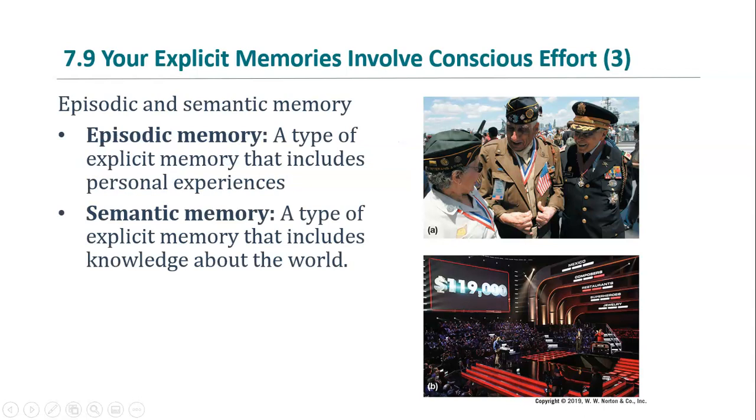We can distinguish between episodic and semantic memories in that episodic memories are episodes, they're events that we can talk about, and semantic memory is information that's not tied to a particular event. It's general knowledge about the world.